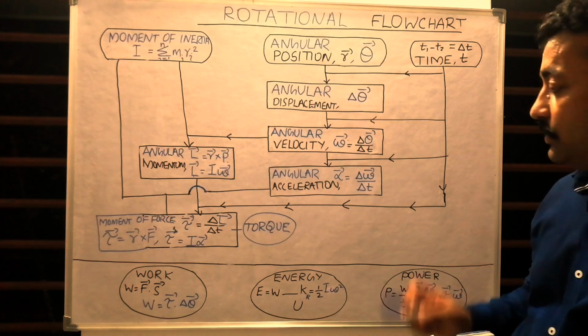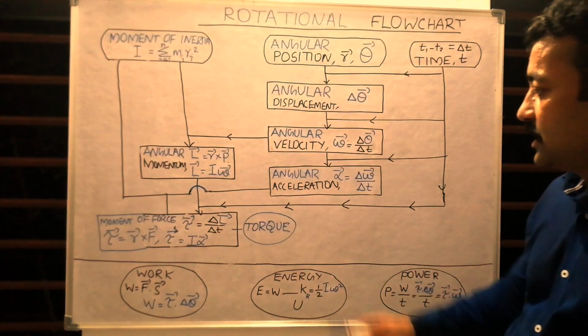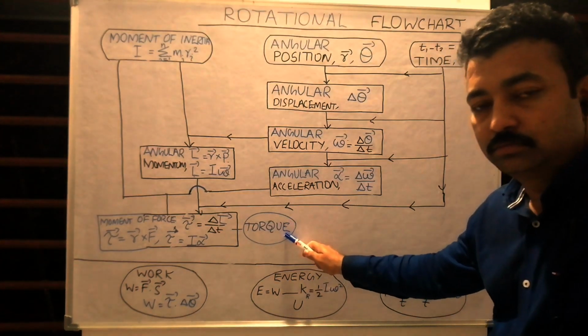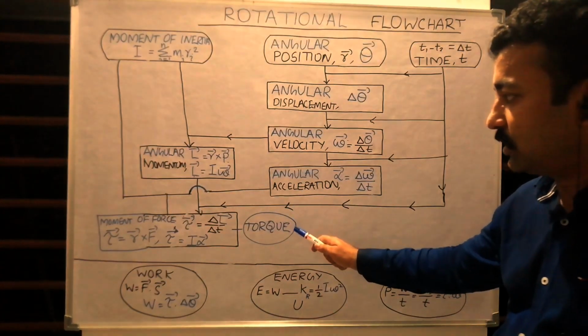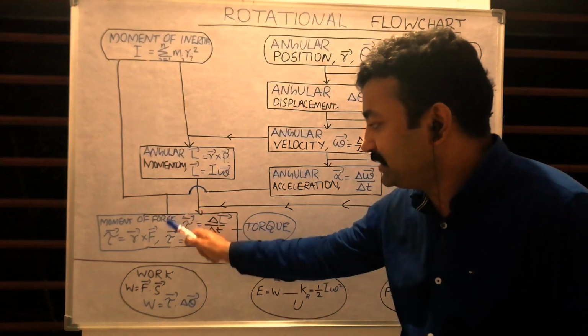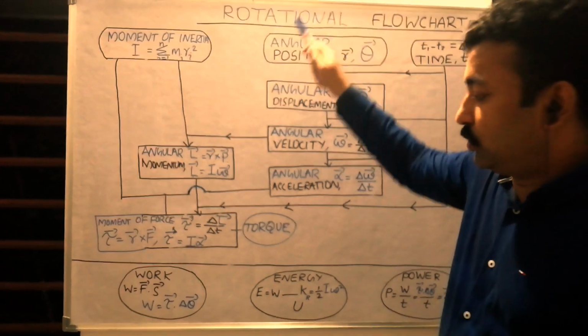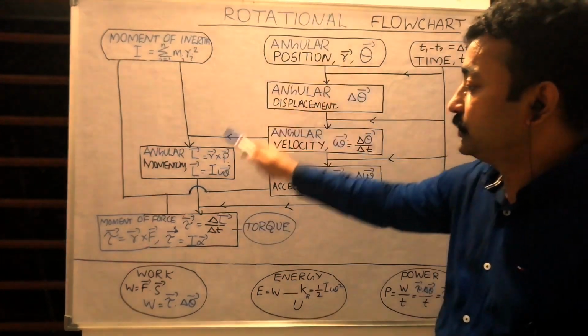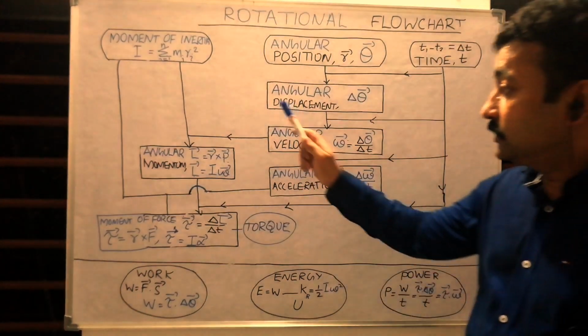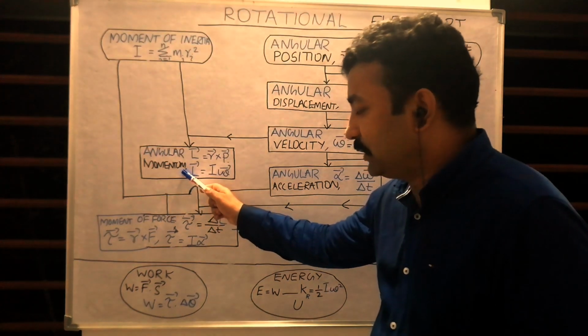Because all these you already know, since you have studied circular motion. So our approach to the unit is, I am starting from the torque. What is torque? Why is this called moment of force, or why is this considered a force which is making rotation, or why is this an analogous quantity of force? The next one is angular momentum.